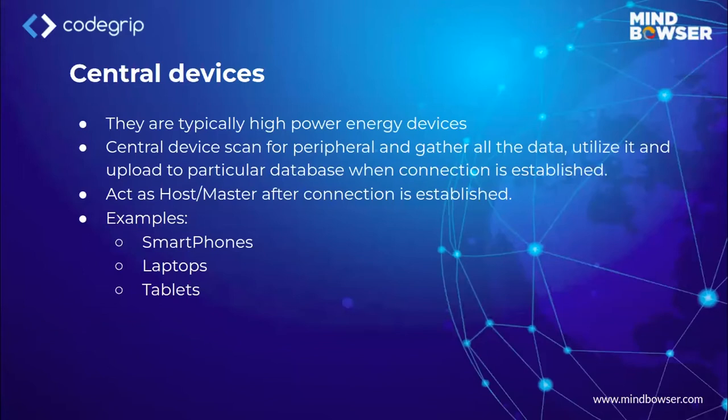After the connection is established with a peripheral device, it acts as a host, so it controls the peripheral device and does whatever it wants to do with the peripheral devices.